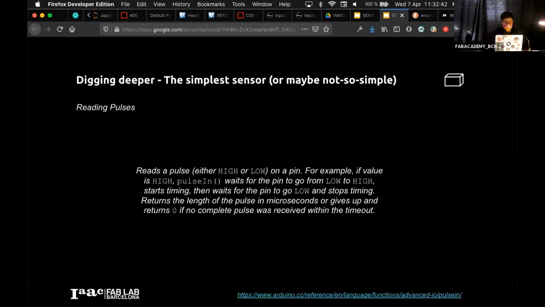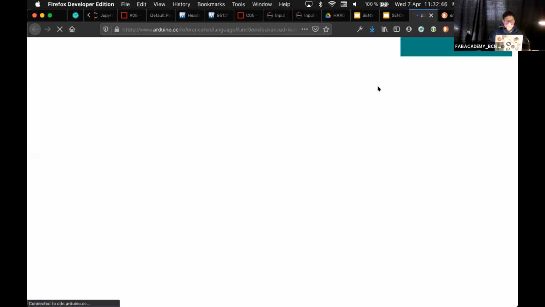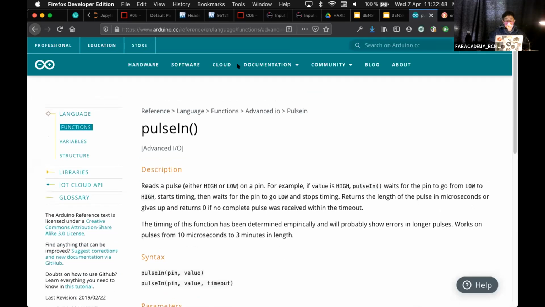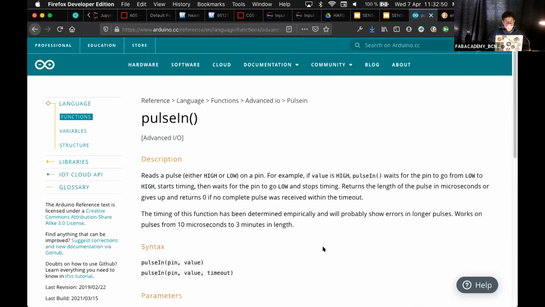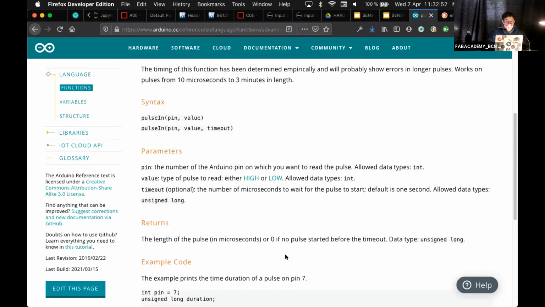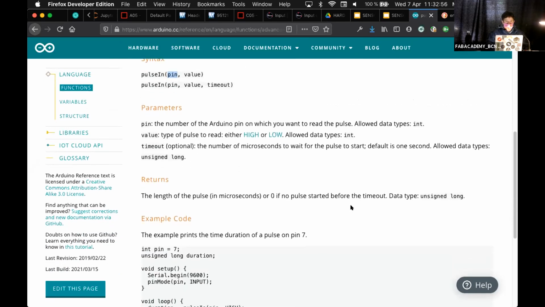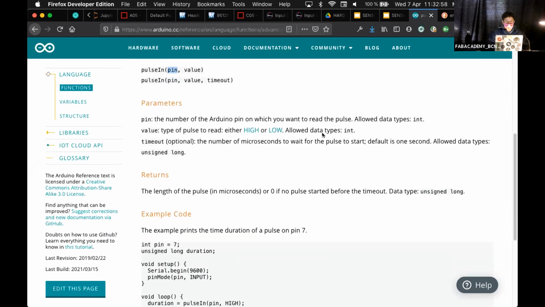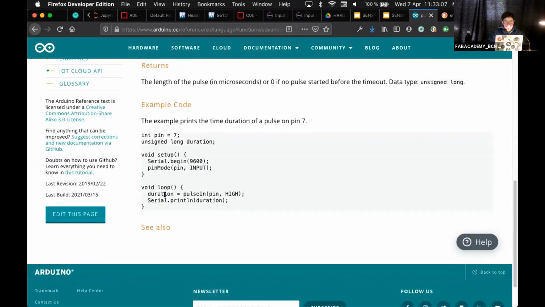For this, you can use a function called pulseIn, which is part of the Arduino framework, quite simple to use. You just give the pin number and whether you want to measure high levels or low levels, and it will give you how long you have been in high or low.